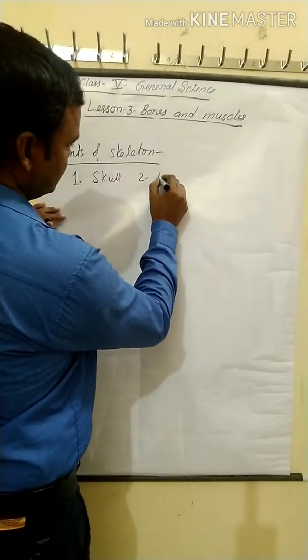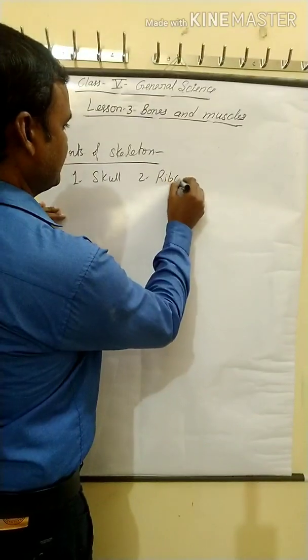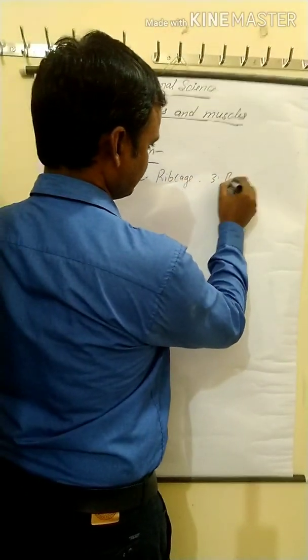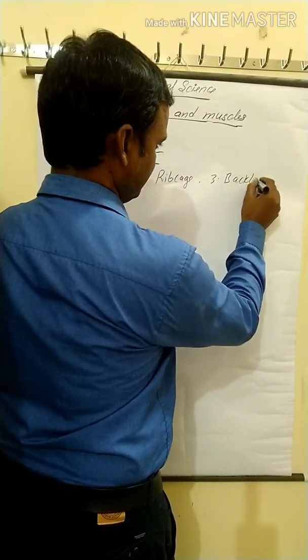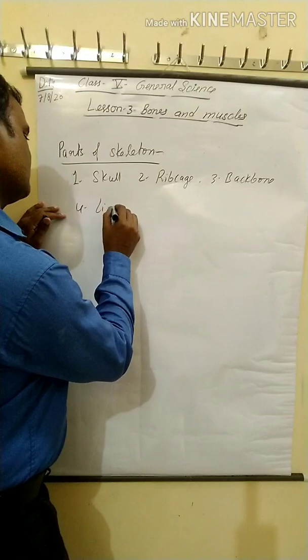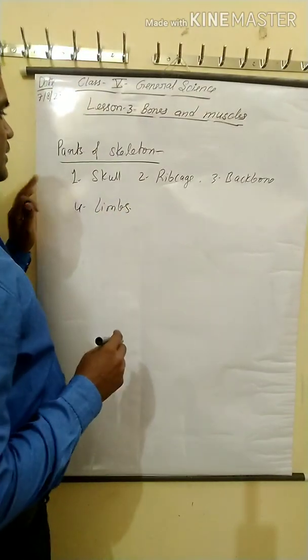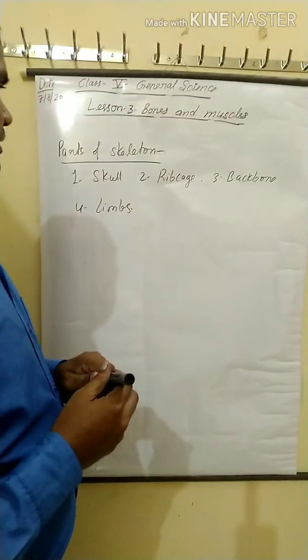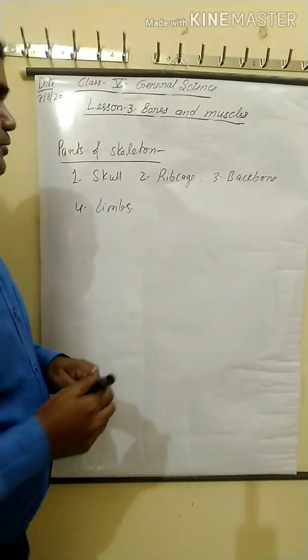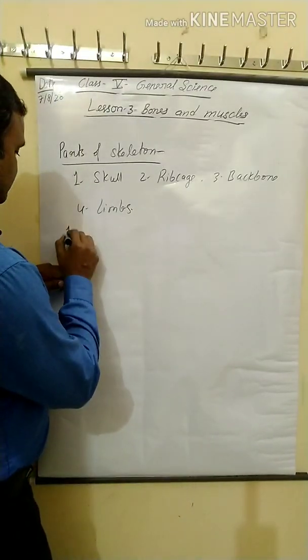Second, rib cage. Third, backbone. Fourth, limbs. First skull, then rib cage, then backbone, then limbs. So we discuss them one by one here.